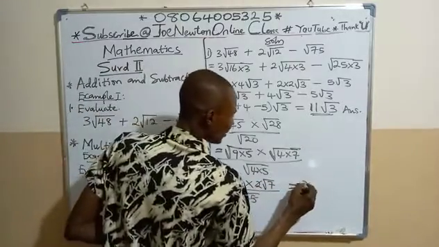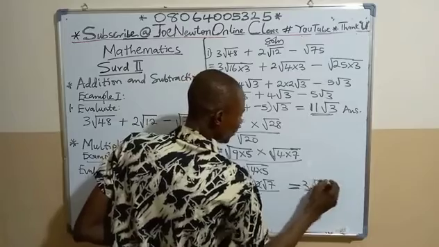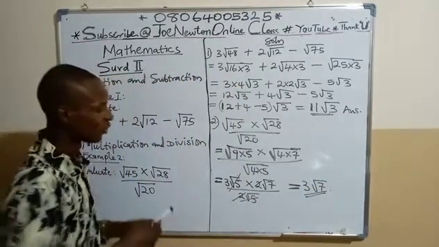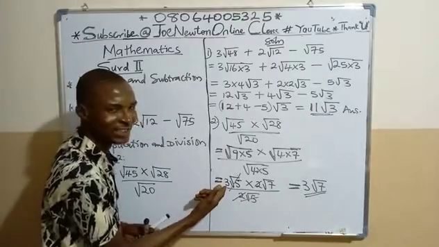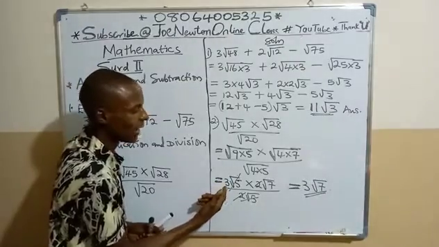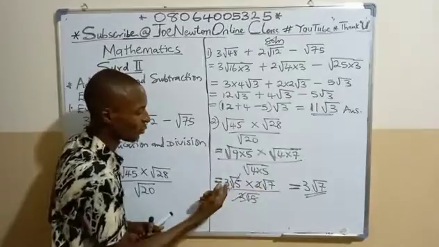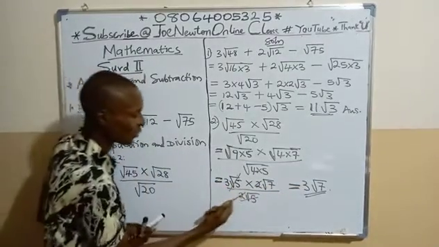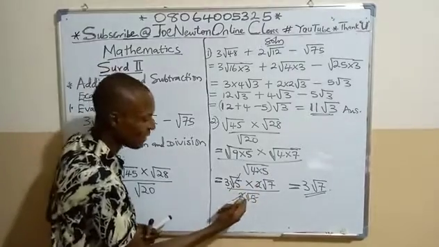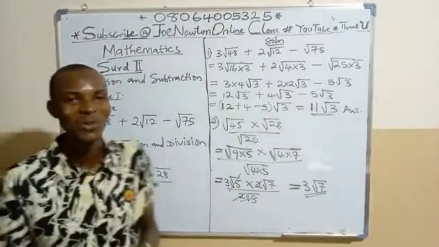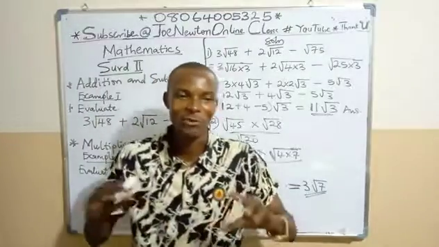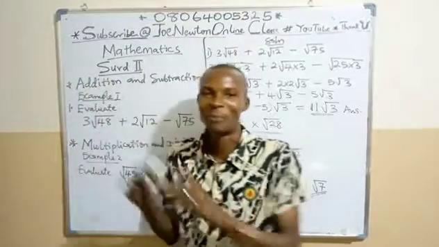We have what? 3 root 7 as our answer. Because 3 is left here as a rational, and this irrational root. So 3 times root 7 is 3 root 7. Simple. Because this 2 has cancelled this 2, this root 5 has cancelled root 5. Simple. So I believe with this example here, you'll be able to tackle similar problems involving surds.